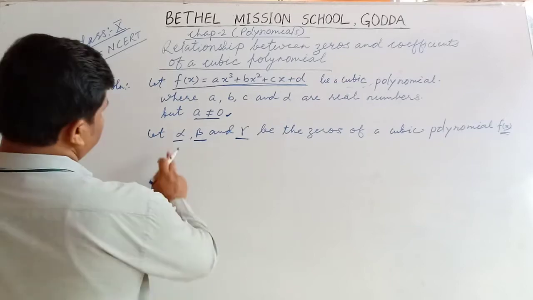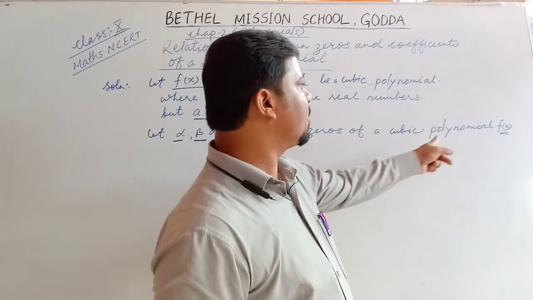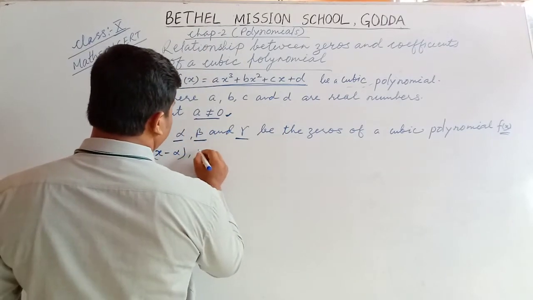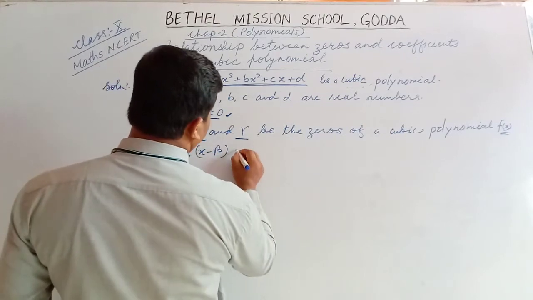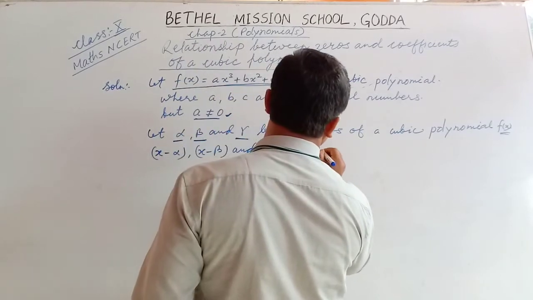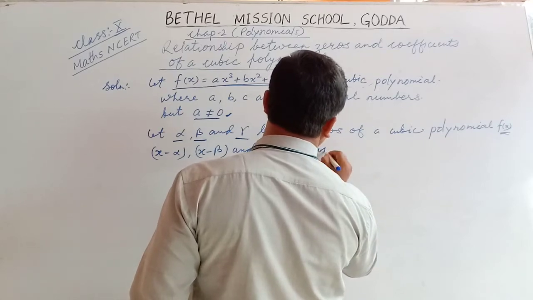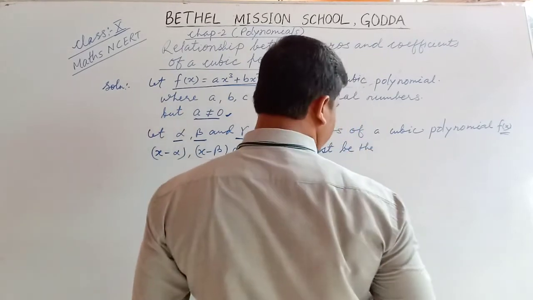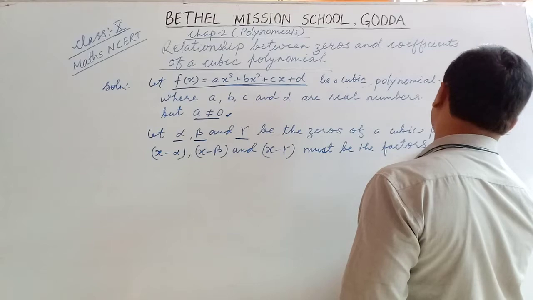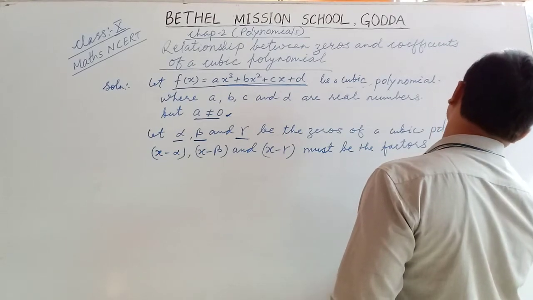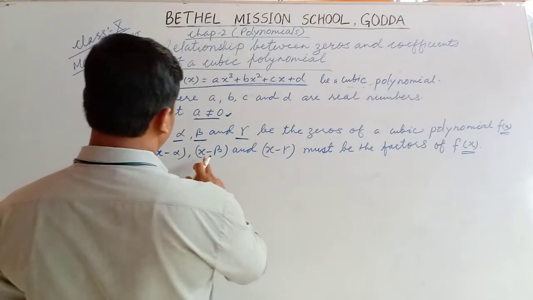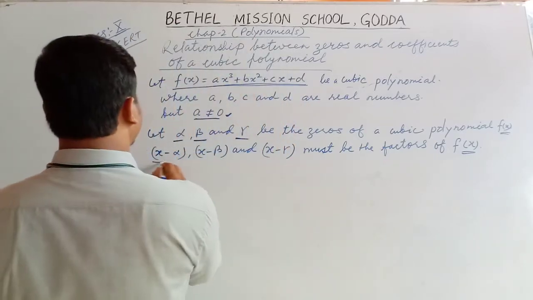Alpha, beta and gamma. If alpha, beta and gamma are the zeros of the cubic polynomial, then x minus alpha, x minus beta and x minus gamma must be the factors of f(x). These 3 are the factors.